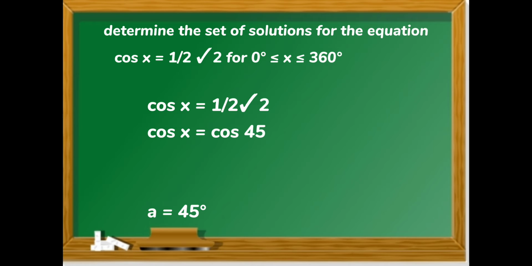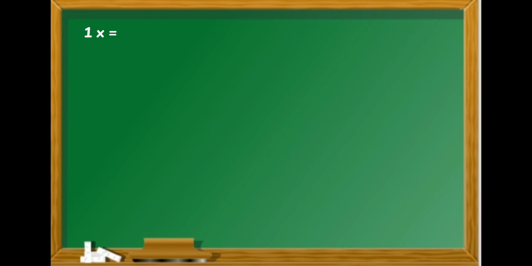Okay, let's just go to the example. The problem here is that we are asked to determine the set of solutions of the equation cos x equals half root 2 for 0 degrees ≤ x ≤ 360 degrees. This means that we will determine the angle x that satisfies the equation cos x equals half root 2.